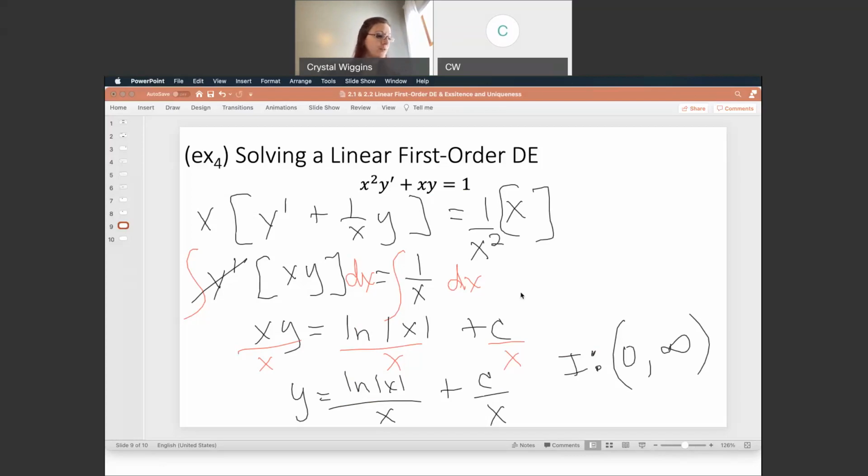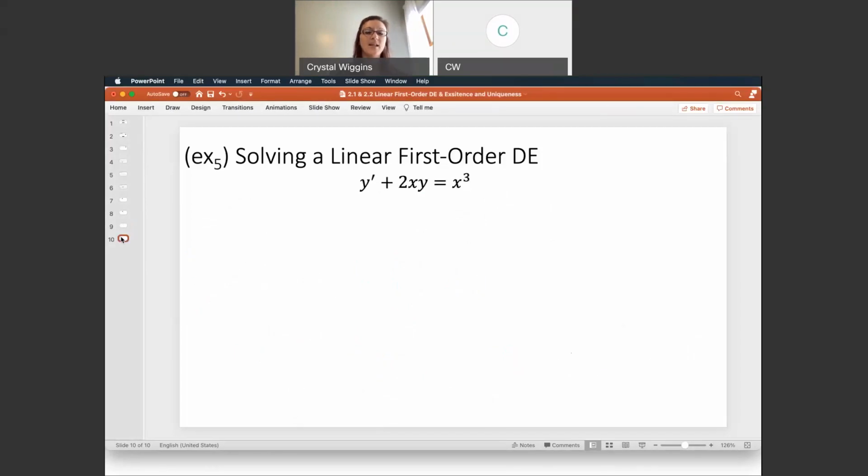Let's try one more example together. Our last example: y prime plus 2xy is equal to x cubed. It is in standard form, and it is linear as the y is to the first power. So then we identify g of x, and g of x here is 2x.